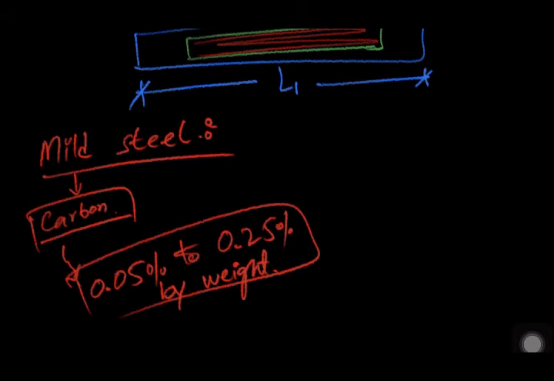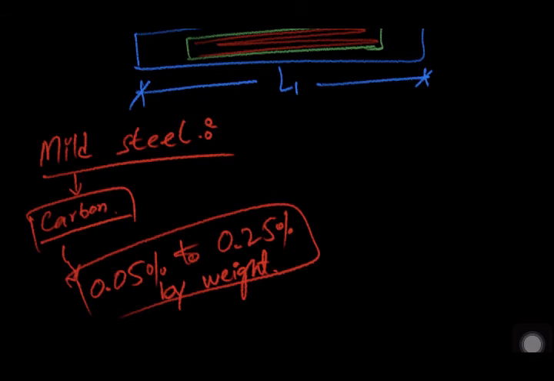The advantage is that if you add more and more carbon, the steel gets brittle, and if the carbon is present in lesser amounts, it will be ductile. Carbon actually enhances the strength of a steel. Since we have lesser amounts of carbon, our steel will be ductile, and since carbon is present, there will be strength also.